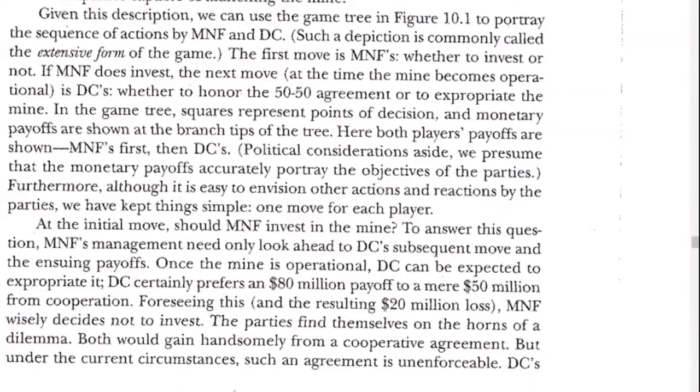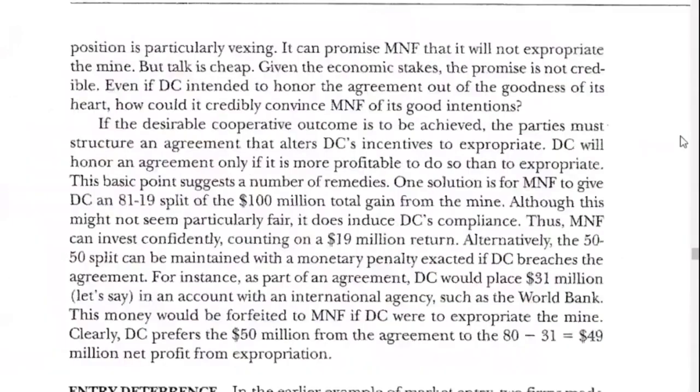The parties find themselves in the horns of a dilemma. Both would gain handsomely from a cooperative agreement, but under the current circumstances, such an agreement is unenforceable and the position is particularly vexing. It can promise the multinational that it will not expropriate the mine, but the promise is not credible.